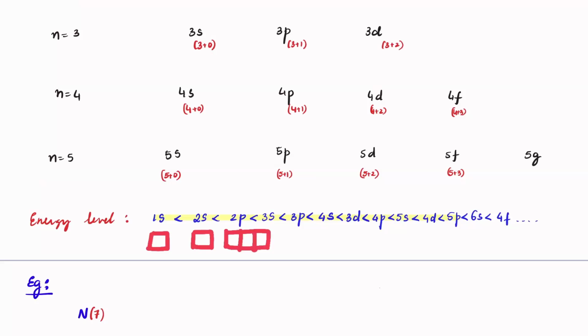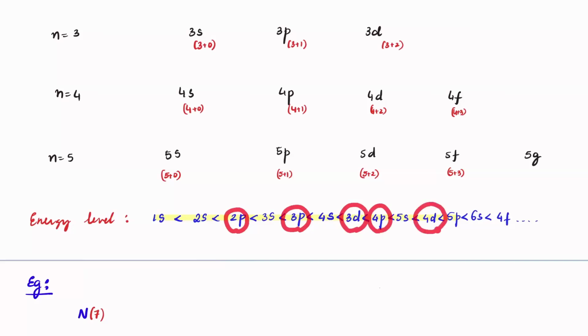So these blocks represent how many orbitals they have. 2p has 3 orbitals, 3p has 3 orbitals, 3d has 5 orbitals, 4p also has 3 orbitals, 4d also has 5 orbitals, and so on.